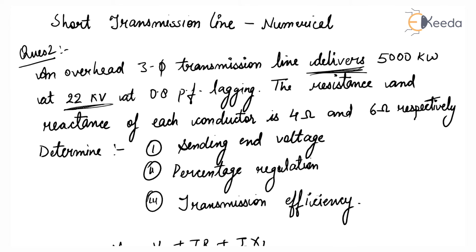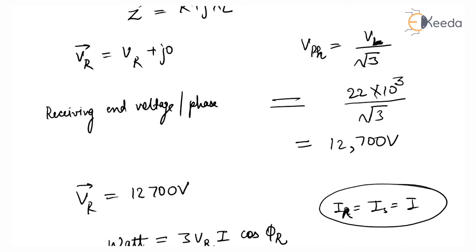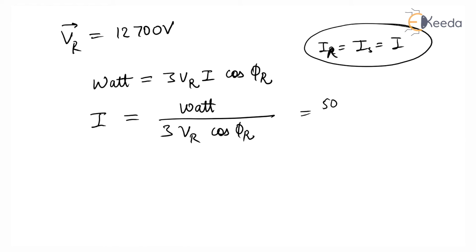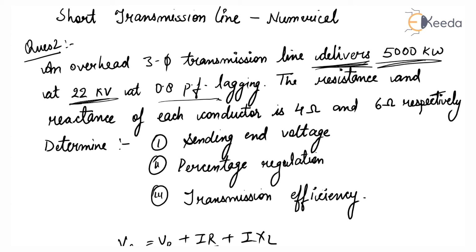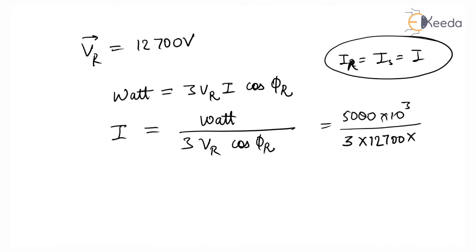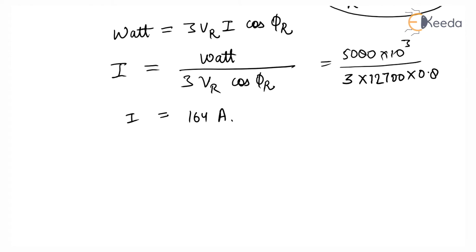The power is given, 5000 kilowatt, meaning 5000 into 10 to the power 3 watt upon 3 into VR, which is 12700, into cos phi r, which is 0.8 power factor lagging. So I is equal to 164 ampere.